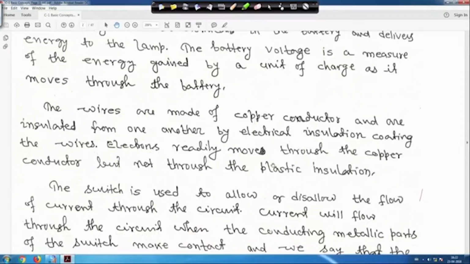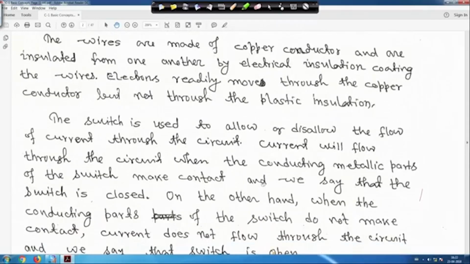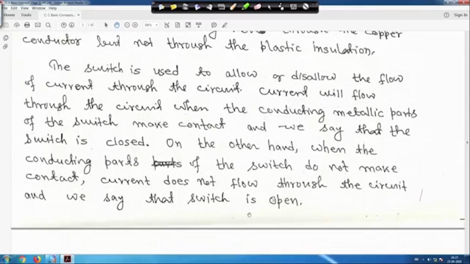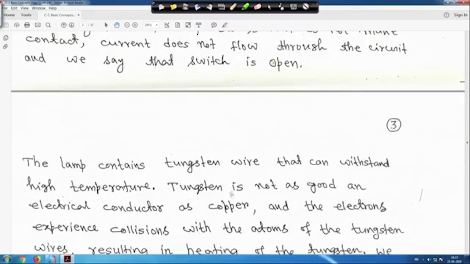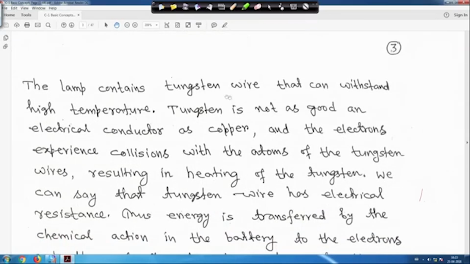A switch, I told you, will allow or disallow the current. If you close the switch, current will flow. If you open it, then current will not flow. And the lamp, I told you, contains a tungsten wire. It can withstand high temperature.